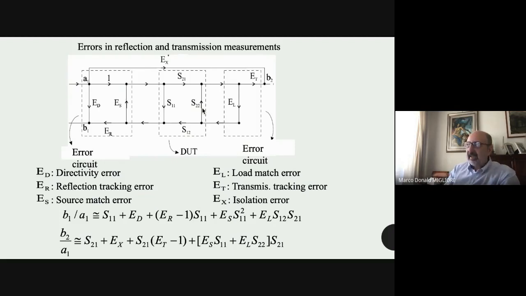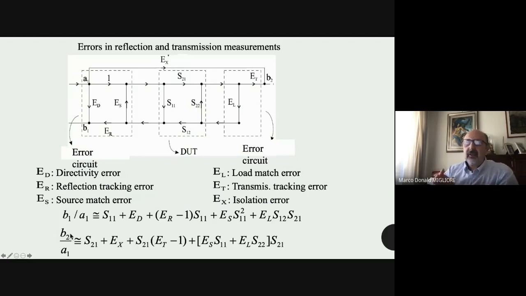The idea again is to use known loads to estimate all these error quantities, and then from these error quantities we invert the relationship in order to obtain S11 from the measured data and S12 or S21 from the transmission data.